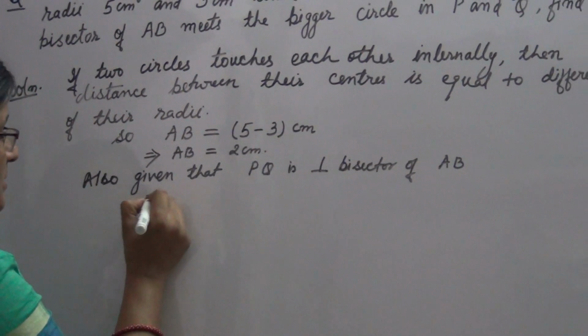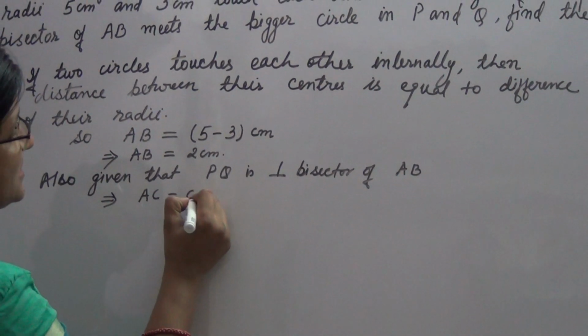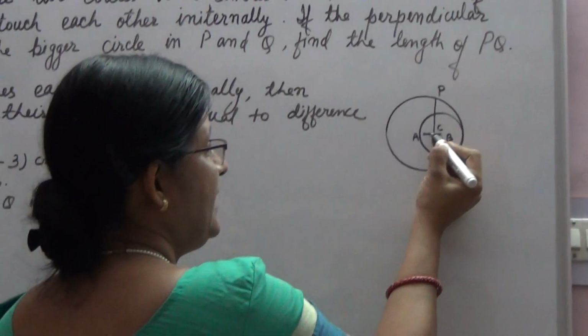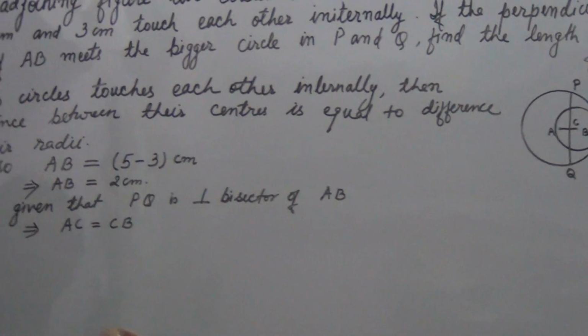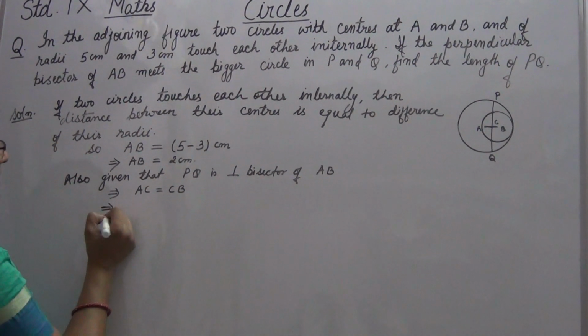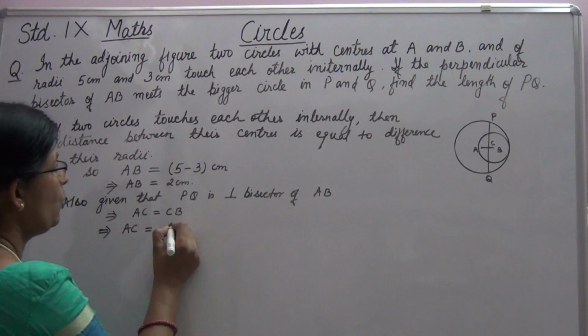This implies that AC is equal to CB. And AC, what is the distance of AC then? This implies that AC is also equal to 1 centimeter.